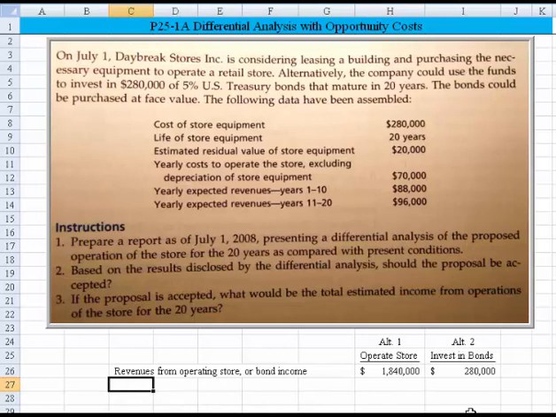Okay, then we need to look at the difference in cost from this alternative. So we would say costs to operate the store.